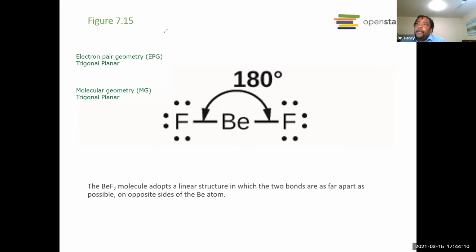So in this case, there's no electron pairs on it, but there's two attachments. So its electron pair geometry is only going to be linear, and in the case of the molecular geometry, linear.